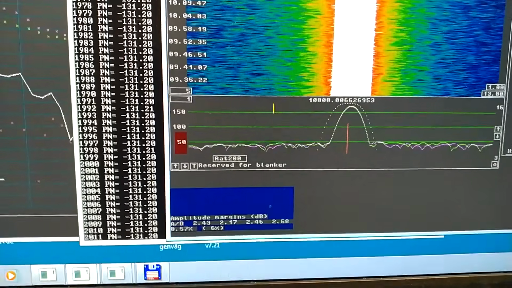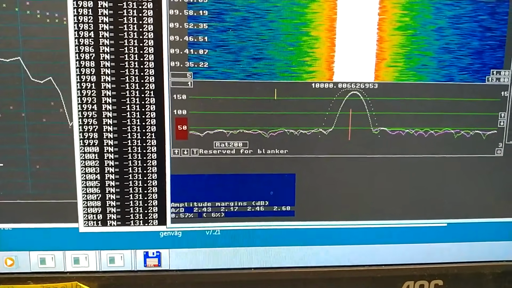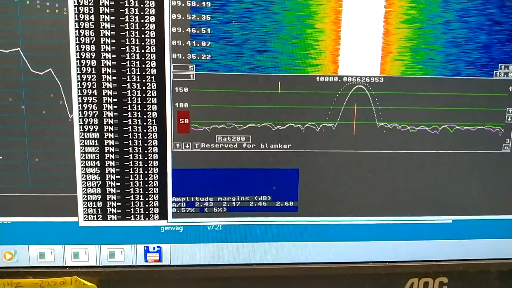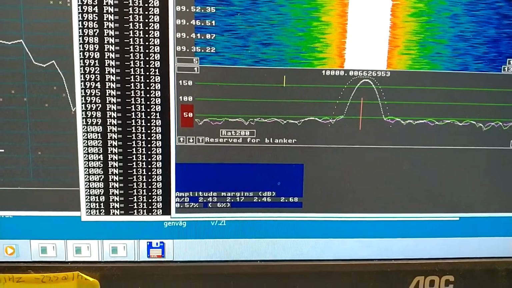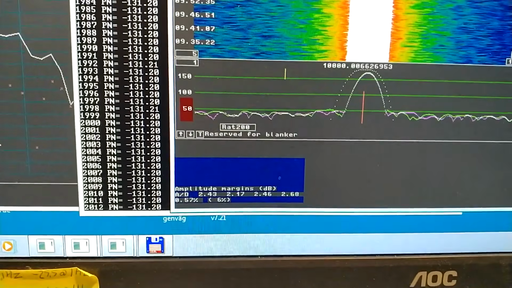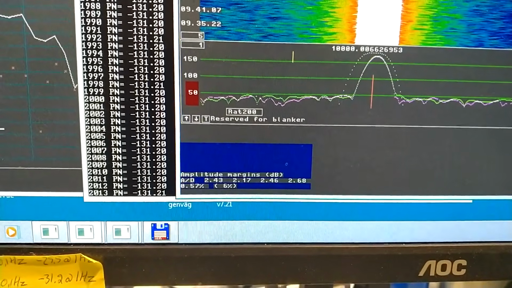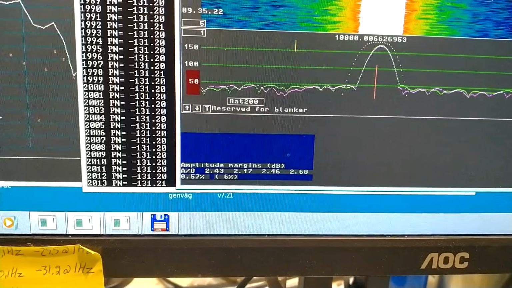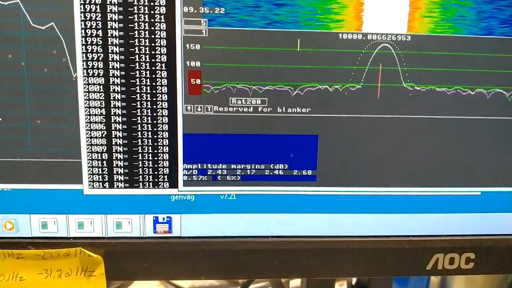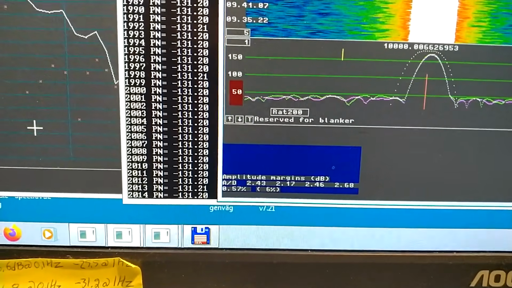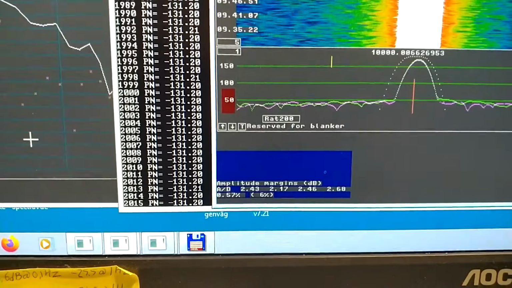I have changed the current through the crystals from 1.41 milliamps to 1.06 milliamps. That means that the power for each crystal is reduced from 140 microwatts to 78 microwatts. And this has caused a loss of 0.2 decibels on the average noise.